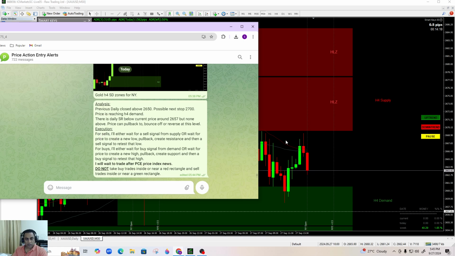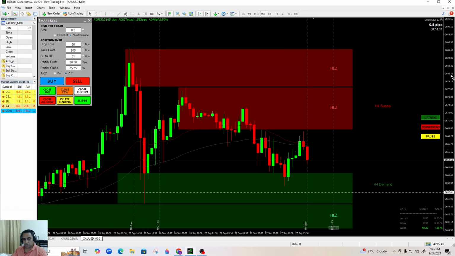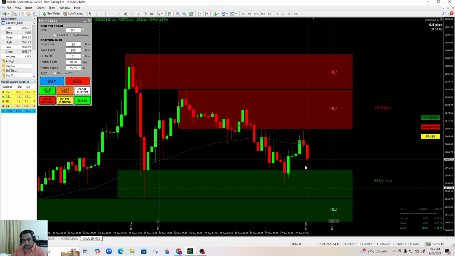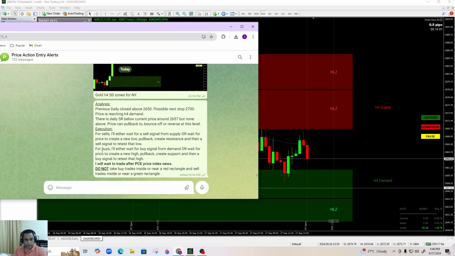For sells, you can wait for a sell signal from supply, or wait for price to create a new low, pull back, create M30 resistance, and then retest that new low that it created. Okay, that makes sense. Otherwise, for buys, you wait for a buy signal from demand.